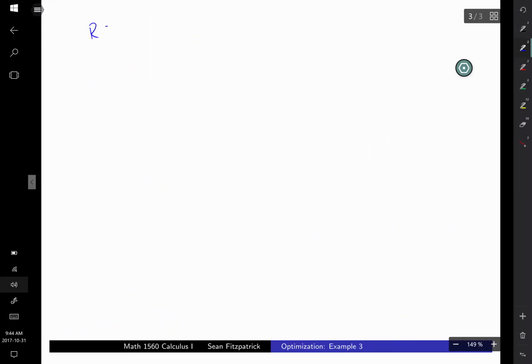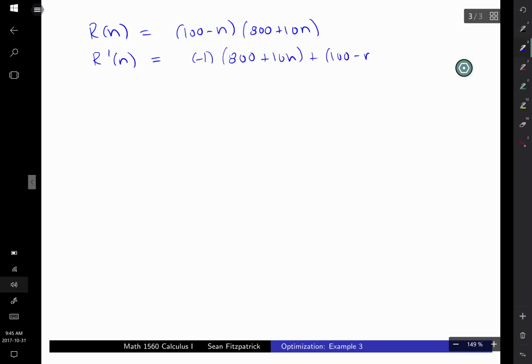So R of N is 100 minus N times 800 plus 10N. We could multiply that out if we want, use FOIL. That might make the derivative a little bit easier, but we could also just do product rule, right? So the derivative of the first term, minus 1, times 800 plus 10N, plus the first term times the derivative of the second, which is just 10.